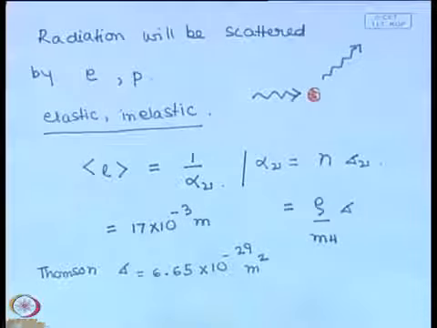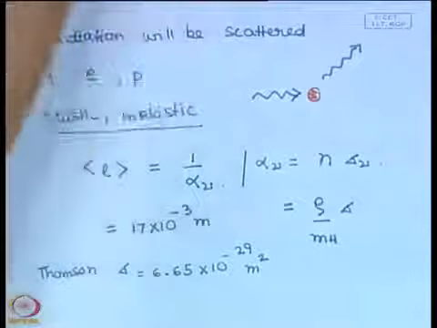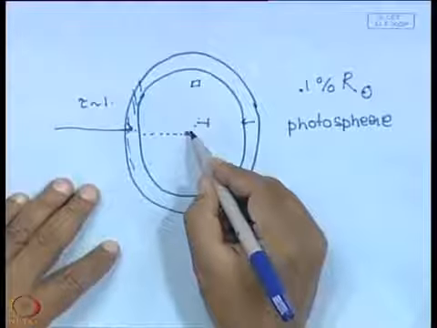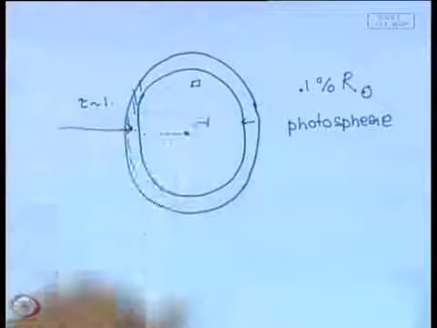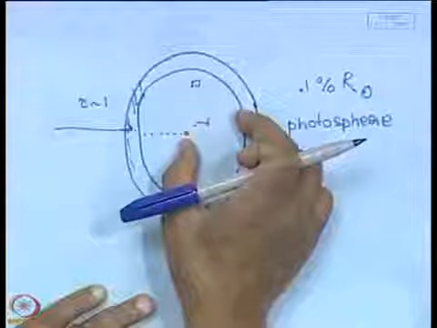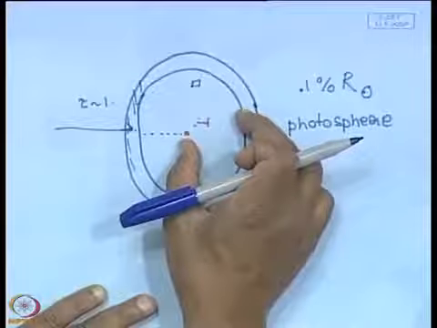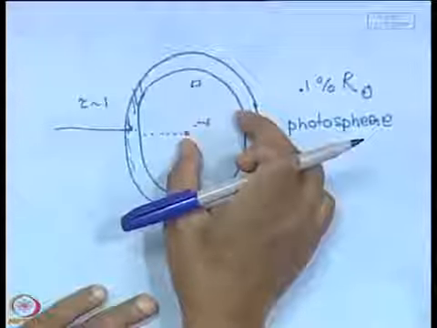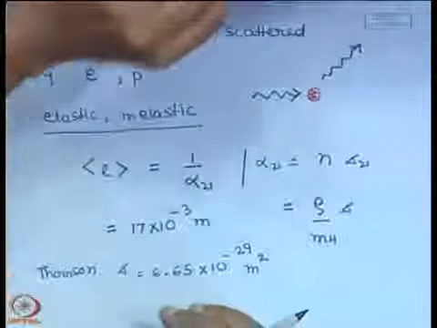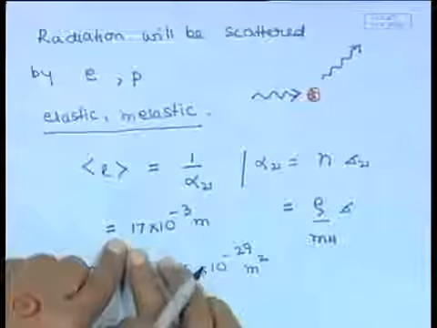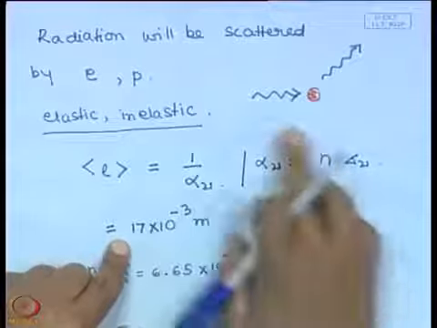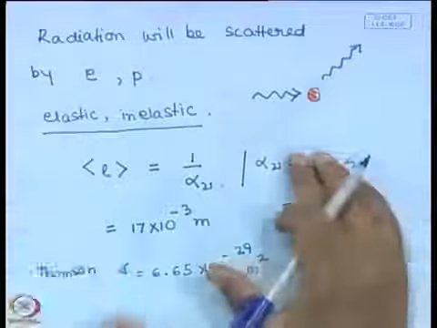So, what do we learn from this? What we learn is that the photon from inside has to propagate over a distance which is 6 into 10 to the power 8 meters to get out, and then finally it comes to us. It can only propagate around a centimeter before it gets scattered by electrons.